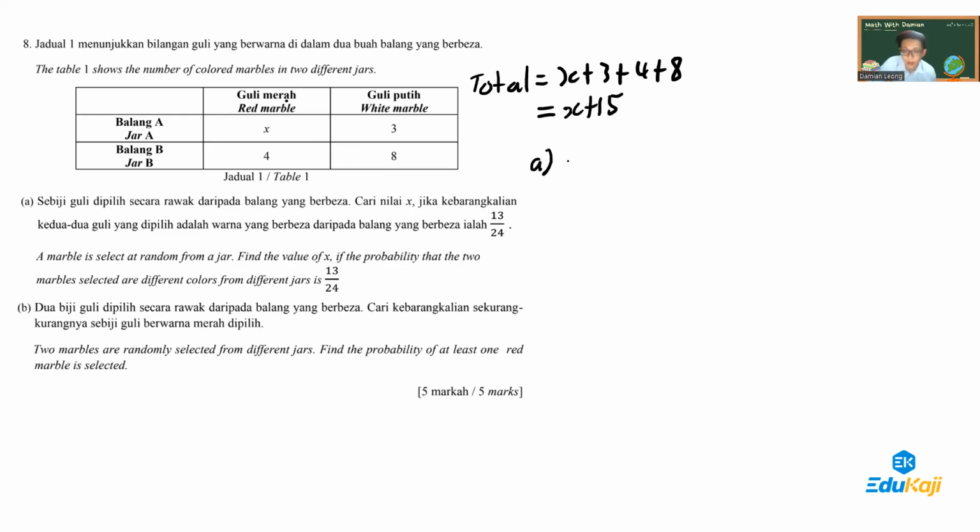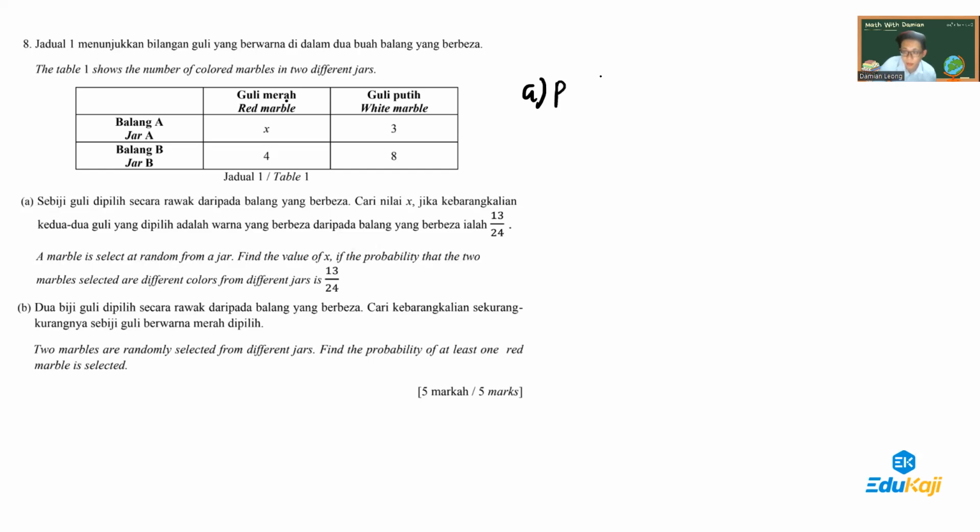So for part A, basically x, sorry, no, that's not, sorry, my mistake. We don't select from both jars at once. Okay, so basically, from jar A, get probability of getting red marble.